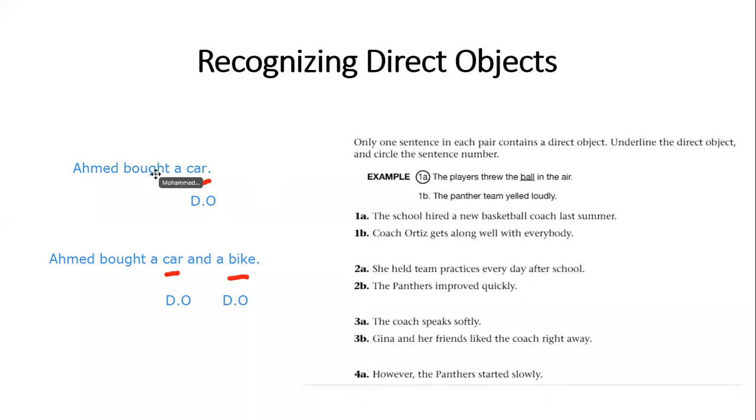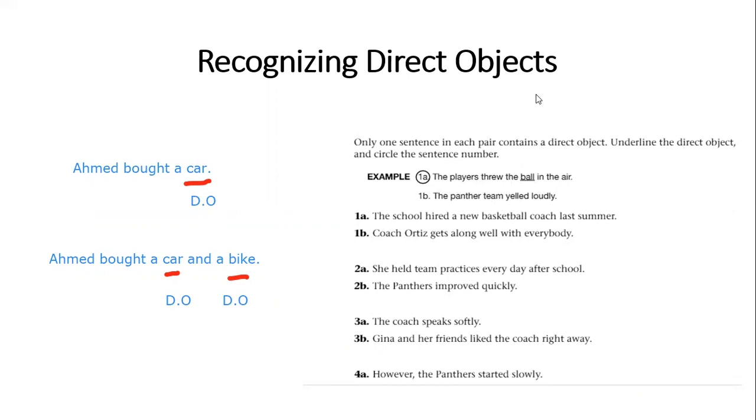Let's do the exercises that we are having here. Only one sentence in each pair contains a direct object. Underline the direct object, and of course, the object should be a noun or pronoun, and circle the sentence number. We agreed about this when I explained the lesson. The players threw the ball in the air and the Panther team yelled loudly.